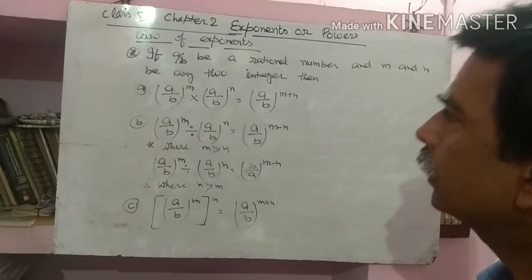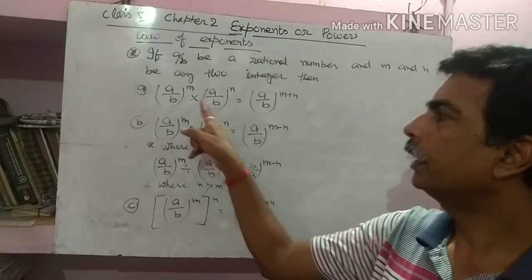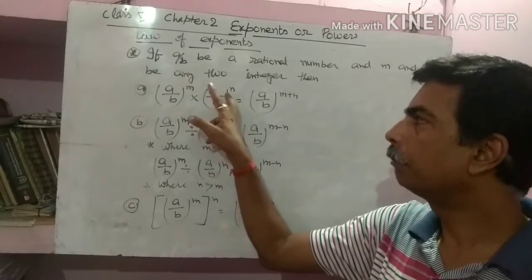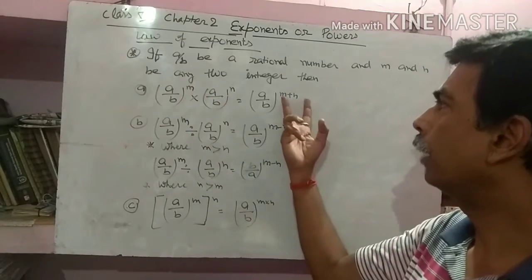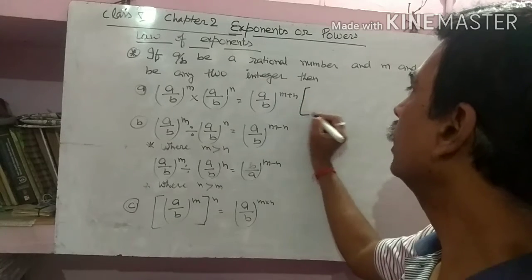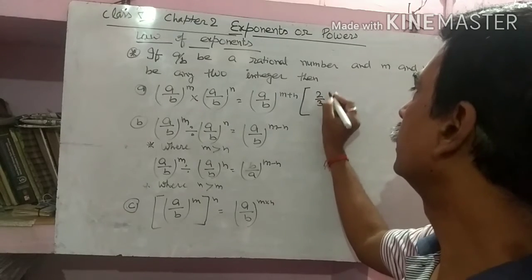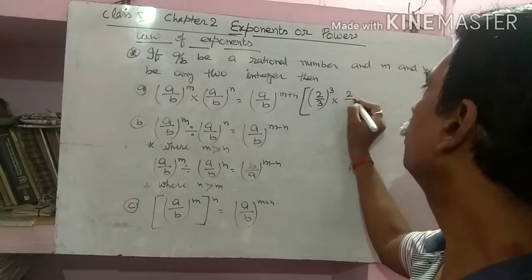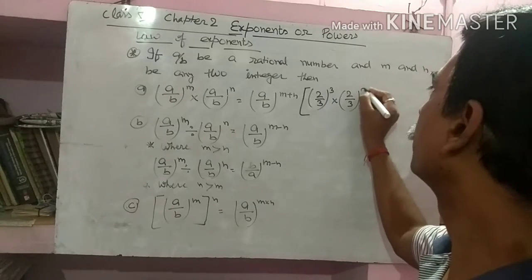Or in general terms, you can say that in case of multiplication, if the bases are the same and the powers are different, then the powers are to be added. This much only. Suppose a number is given like 2 by 3 to the power 3 into 2 by 3 to the power 2.